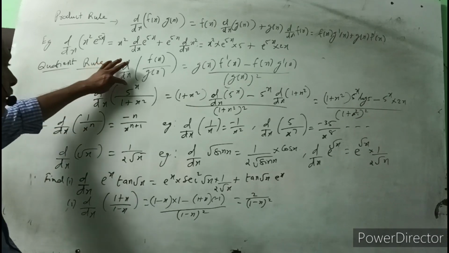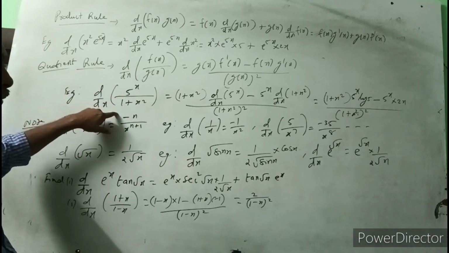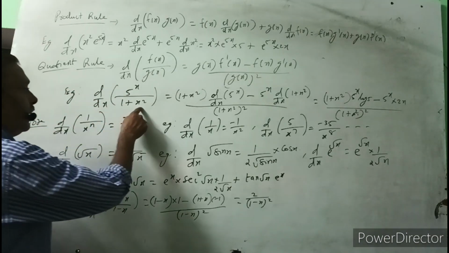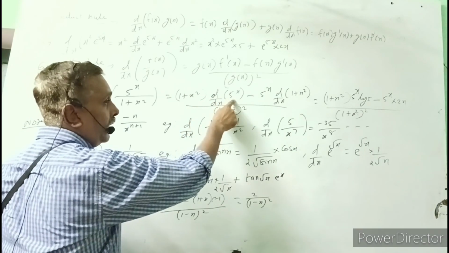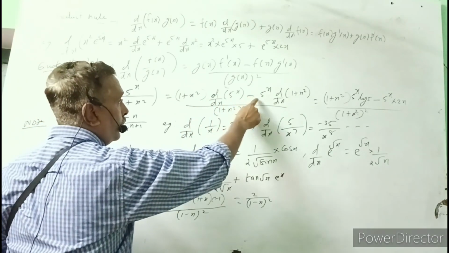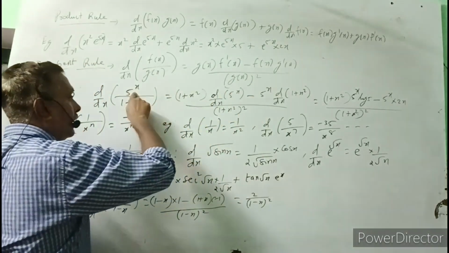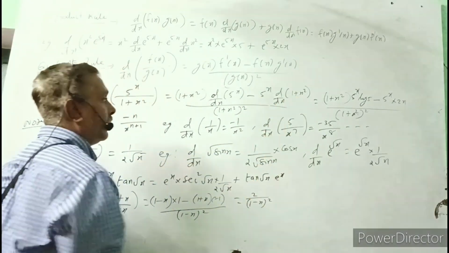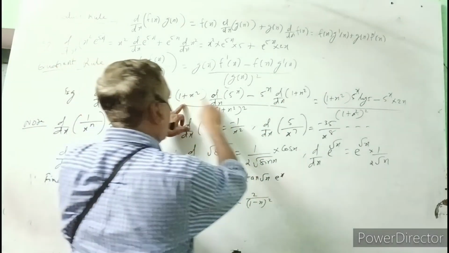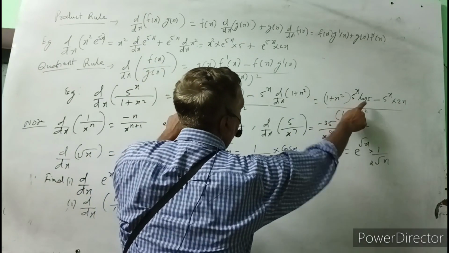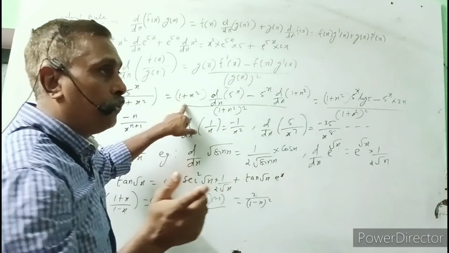One example here: numerator and denominator both contain functions. Denominator as such into the derivative of the numerator, minus the numerator as such into the derivative of the denominator, divided by the denominator square. Simplifying, the derivative of 5 raised to x is 5 raised to x into log 5.